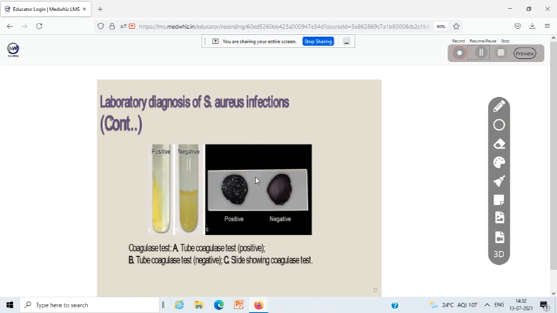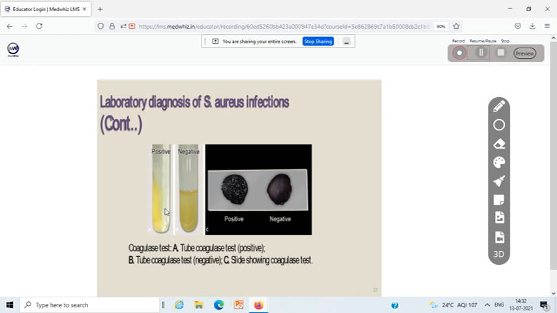So in this test, I'm sorry, I got carried away. Now you have the tube coagulase and the slide coagulase. Commonly, what we do in our lab is the tube coagulase.